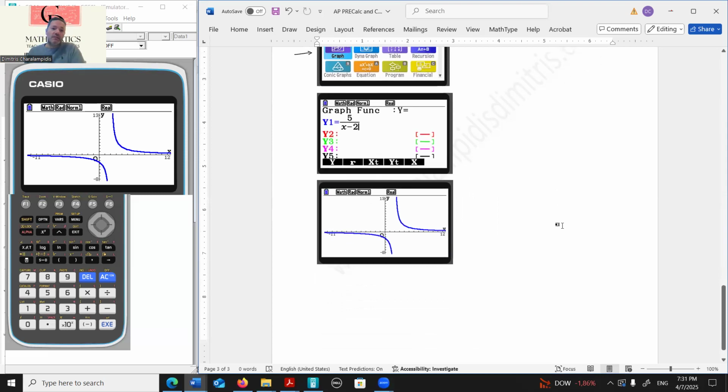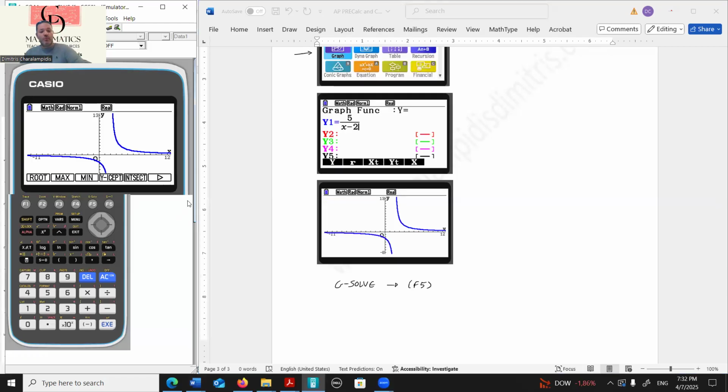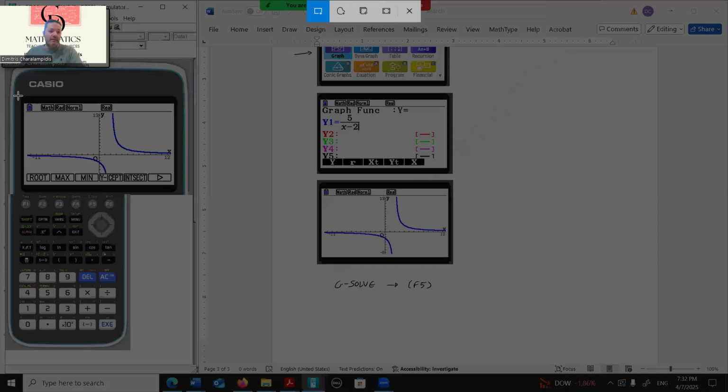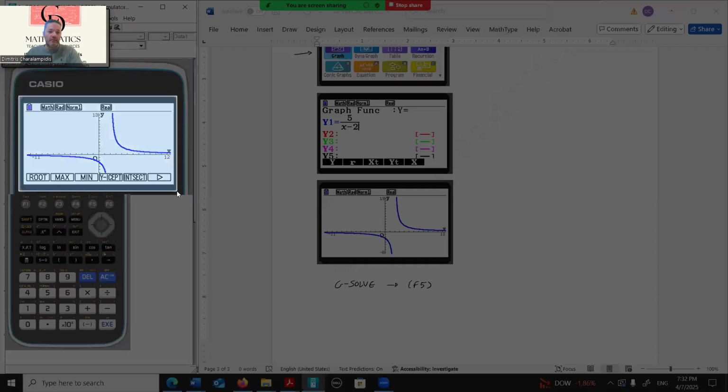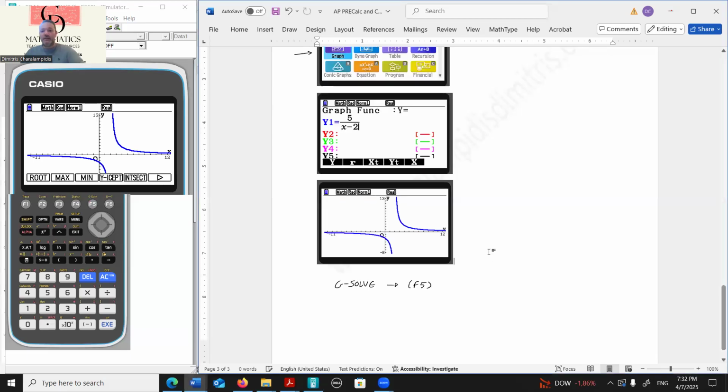There is this G-Solve. Most of the game in graphing is played with this G-Solve command, which can be brought by F5. So F5 will create this command list below.